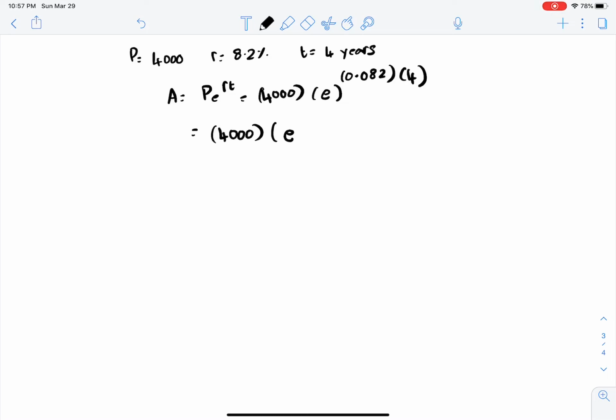e raised to that power, and use a calculator.